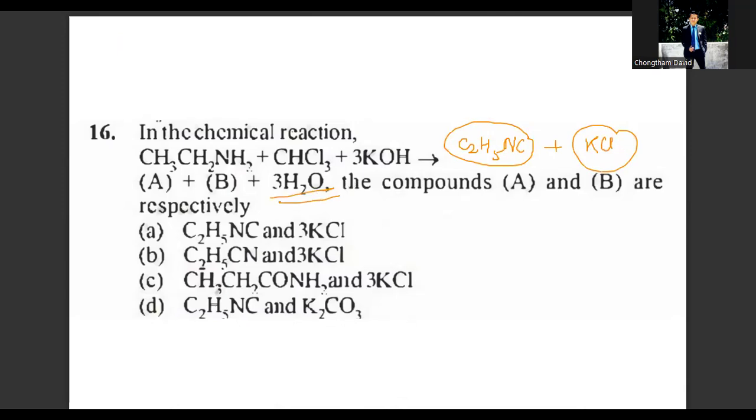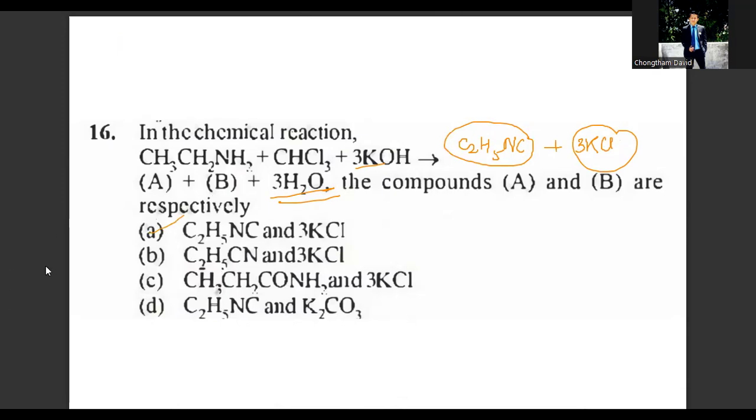Water is already given as 3 molecules of water. To balance this, you write here 3, because you have how many potassium? 3. So the compound A will be ethyl isocyanide and potassium chloride. So for question number 16, the answer will be A.